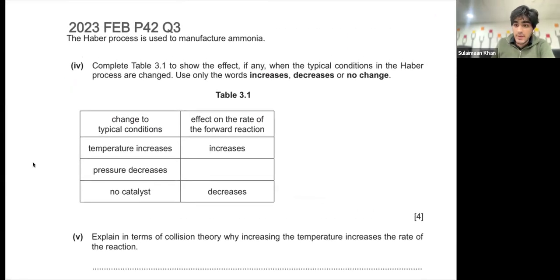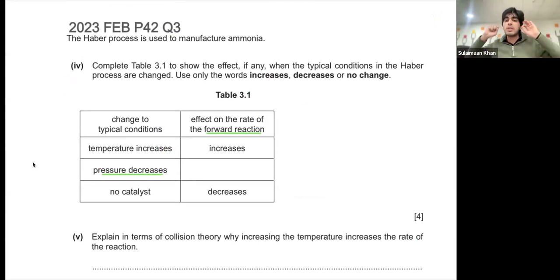Okay, the Haber process is used to manufacture ammonia, yeah? N2 plus H2, and so on. What is the effect on the rate of reaction if you decrease the pressure? Remember, don't be confused. I'm saying this time and time again.